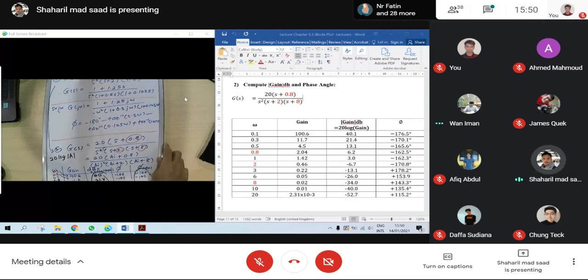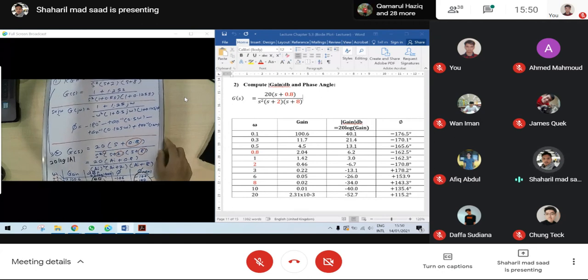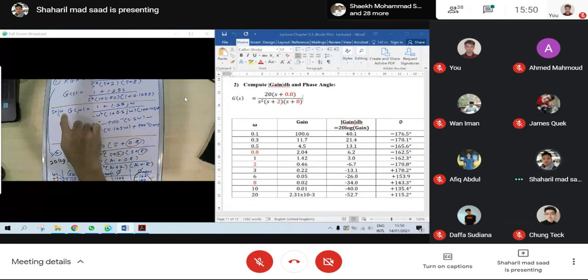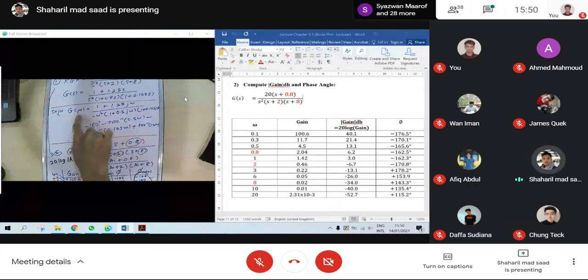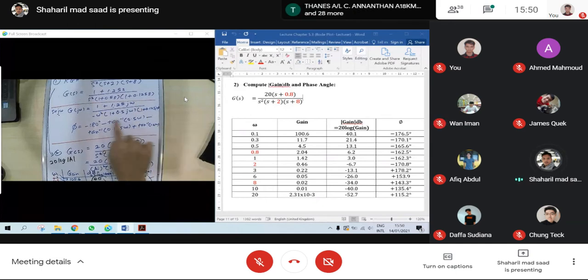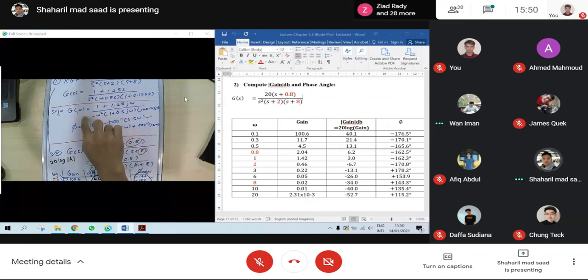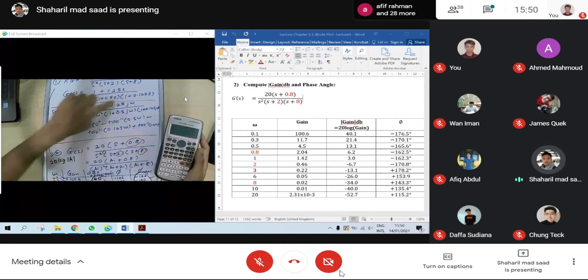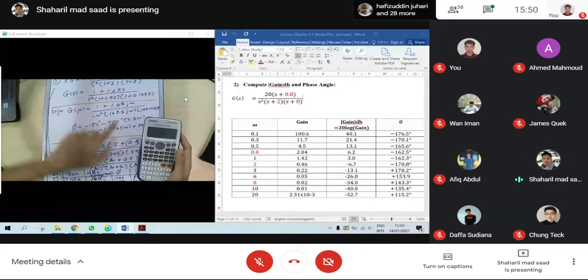However, my suggestion is that you also write these values for the jω, right? And then you get this equation and this equation. So why do I want you to write this equation also? Maybe you can use your calculator again to write this equation, and then you can double check.